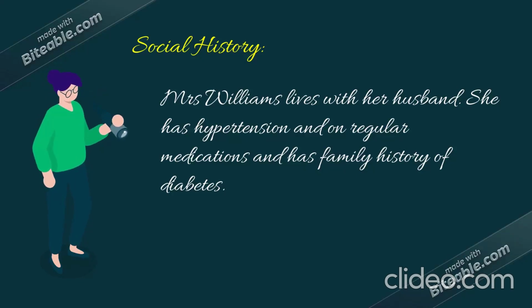Here one thing you have to keep in your mind: presently, if the patient has the problem, we have to write she has hypertension and is on regular medication. For a disease condition which already happened and is not there now, for example the patient underwent appendectomy, we can write she had appendectomy in this year. And for hypertension, if they mention the year that it started, for example 2010, we can write she has had hypertension since 2010.